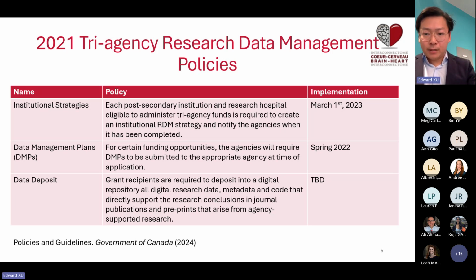We will talk about the data management plan in detail. And the data deposit requirement will also be phased in after a review of the readiness of the Canadian research community, and is expected to be phased in 2025.